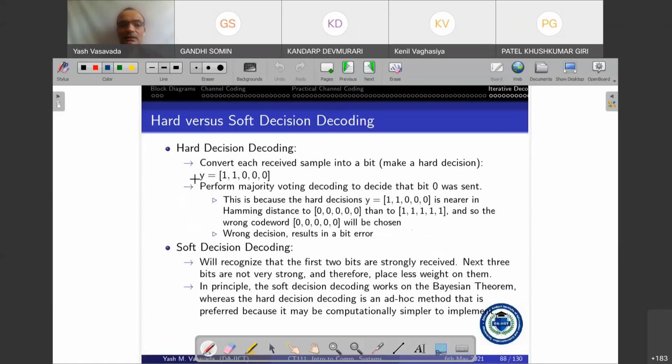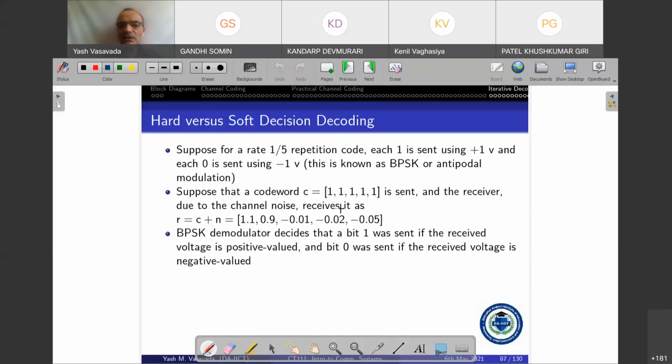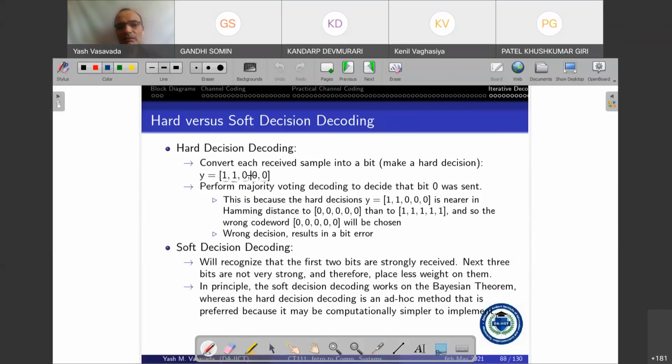And so when the demodulator generated this output, these 2 values were arrived at with a lot of strong confidence, whereas these 3 zeros are pretty weak zeros because they are very close to the decision boundary. And so maybe a better thing for the demodulator to do would have been to say, actually, I don't even know what these three values are, because my likelihood ratio is very close to 1, and so I can't decide.